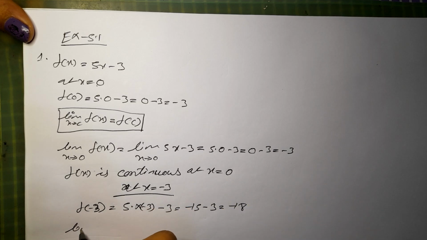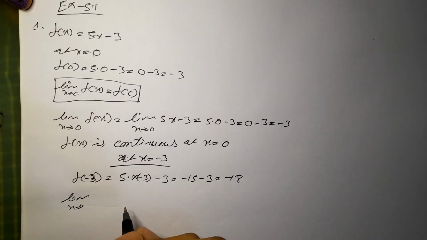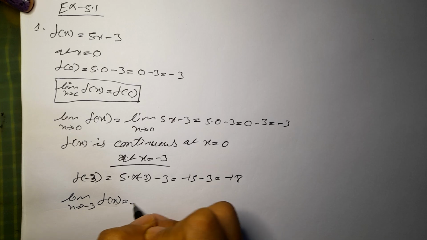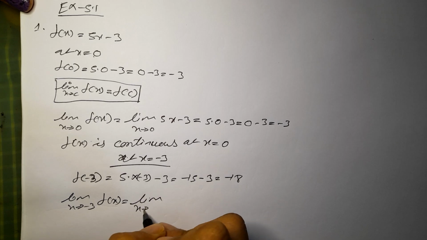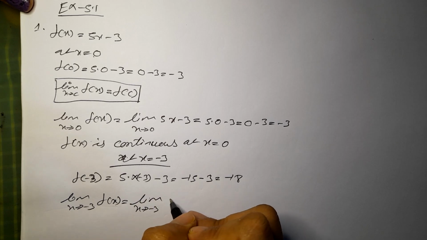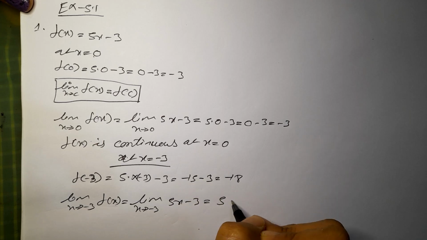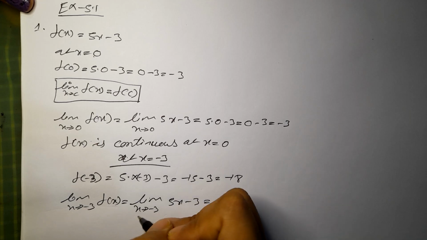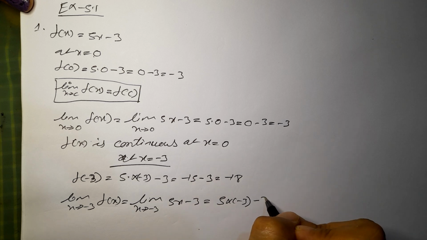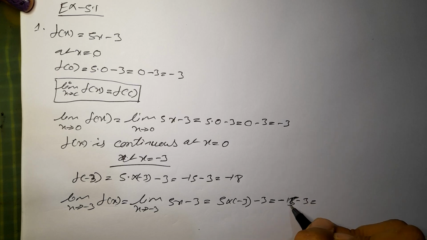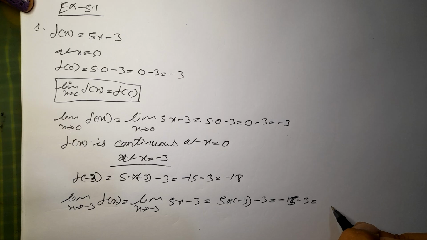Now limit x tends to minus 3, f(x). The function is 5x minus 3, so it is 5 into minus 3 minus 3, instead of x it will be minus 3. 3 5s are 15, minus 15 minus 3, that is minus 18.